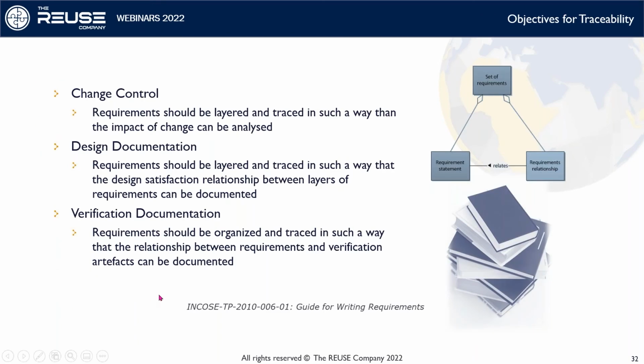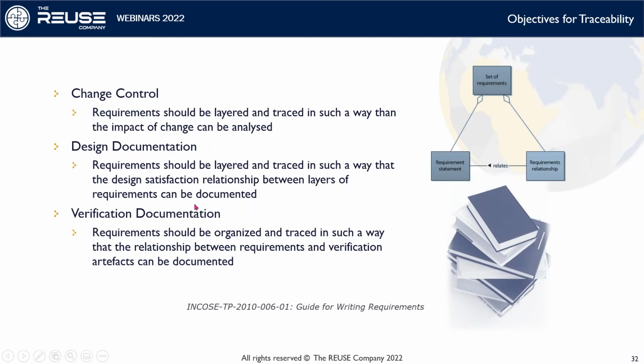The objectives for traceability, obviously, change control. This is, by the way, from the guide for writing requirements from INCOSE. Good document. I could recommend you to have a look into that. Change control requirements should be layered and traced in such a way that the impact of change can be analyzed. This should typically be done before you have a decision to implement the change.